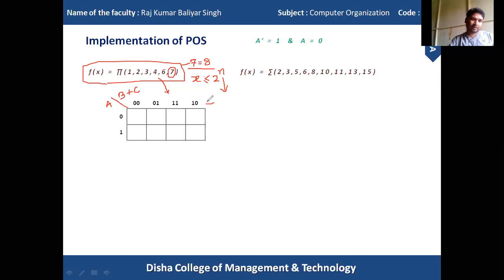You can use the gray code like this: 0 0, 0 1, 1 1, 1 0, that is fine. In some books it is written as 0 plus 0, 0 plus 1, 1 plus 1, 1 plus 0, that is also fine, no problem. So you can write here 0 plus 1. Don't get confused, both are the same, but you have to use a gray code here. That is the very important point.